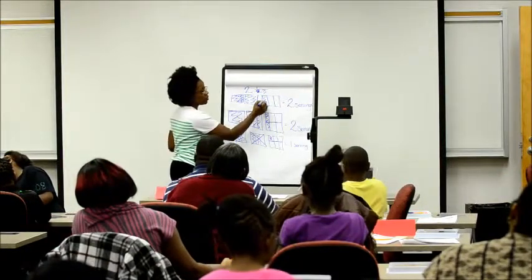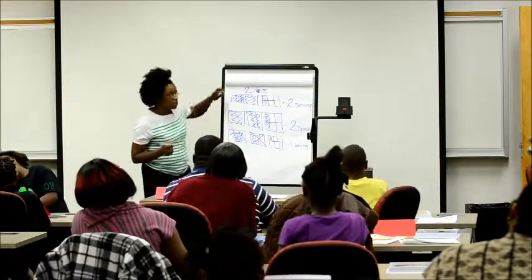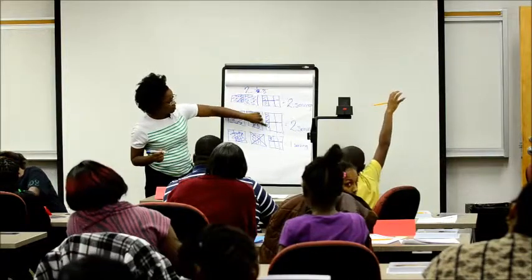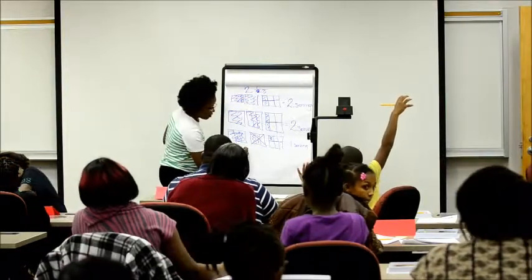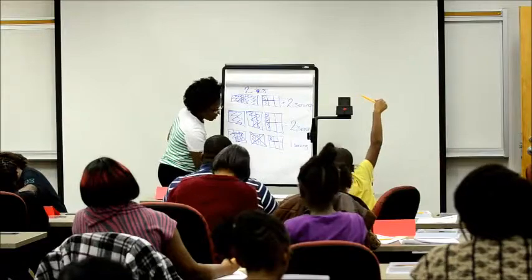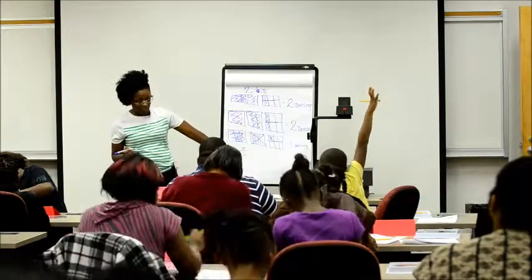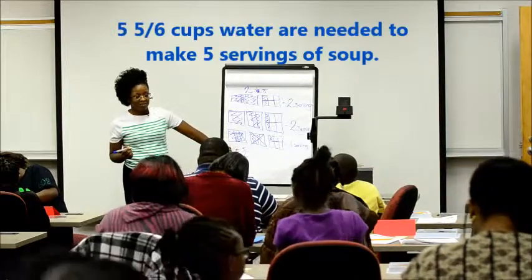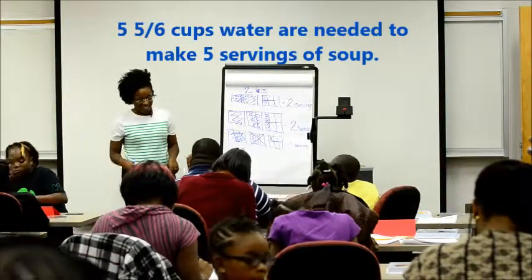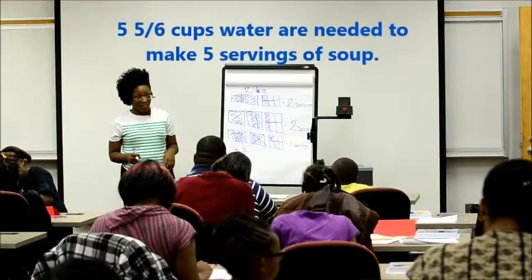So can you split, make all these 6ths? You got 5 wholes, 5/6. You got 5 wholes, 5/6. All right.